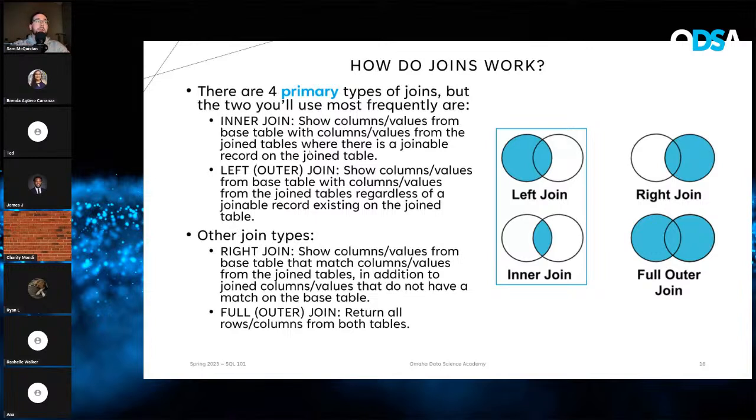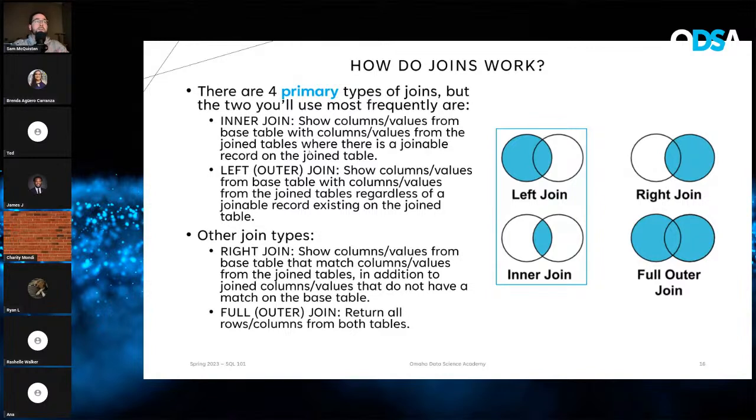And then we can also include or exclude certain parts of the data set. And there's certain cases where we might want to use each of these joins. But even though there's 4 primary types of joins, there's a lot of derivatives of those joins. But I'm only going to teach you in depth on these 4.